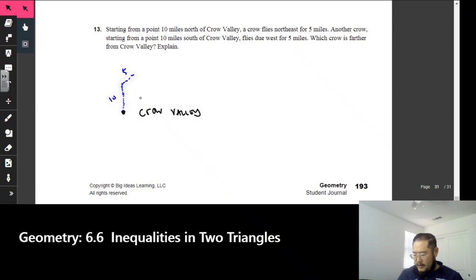And then it says right here, next up, another crow starting point goes south for 10 miles. So here we go, it goes south for 10 miles, but then it flies due west for 5.